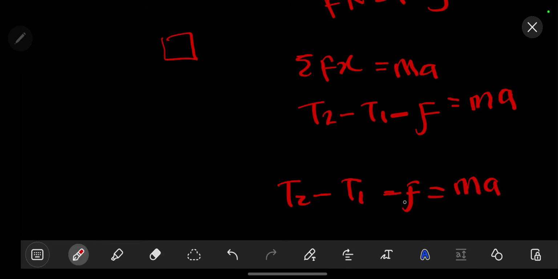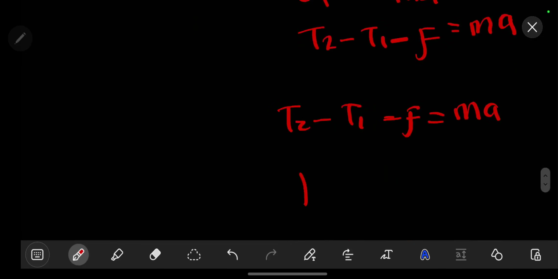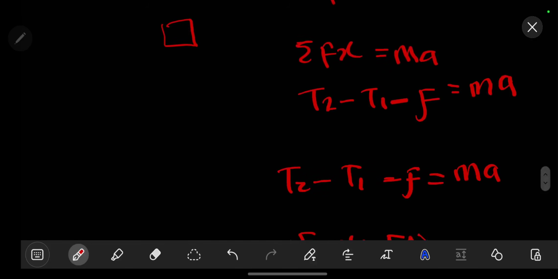Let's substitute what our frictional force is equal to. Remember, frictional force is equivalent to the coefficient of kinetic friction times the normal force, depending on which coefficient is working. So the frictional force is equal to mu k times the normal force, which we have found to be mg. So let's replace the friction.